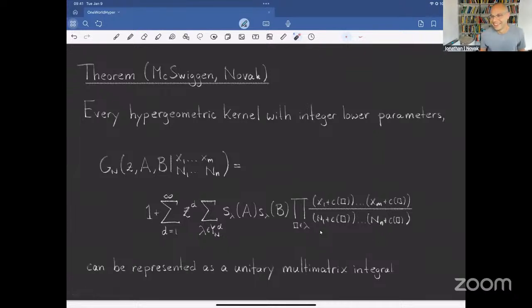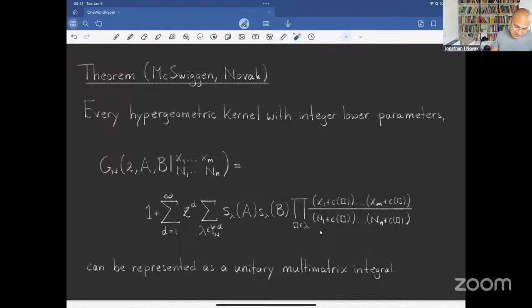It's a theorem of Colin and myself that every one of these hypergeometric kernels, as long as the lower parameters are integers, can be expressed as a matrix integral over a product of unitary groups. And so the binomial kernel and the exponential kernel are just two examples of any number of integral representations of this kind.